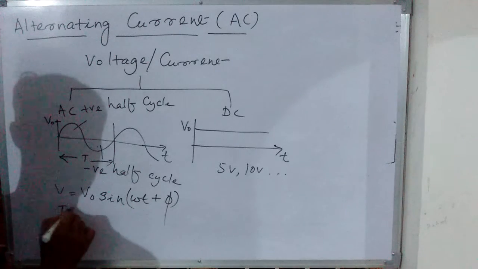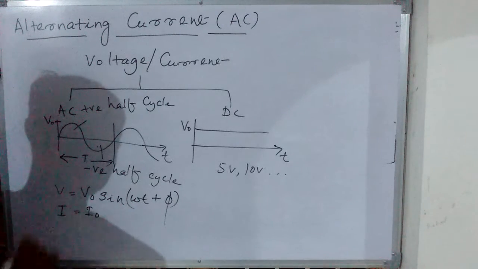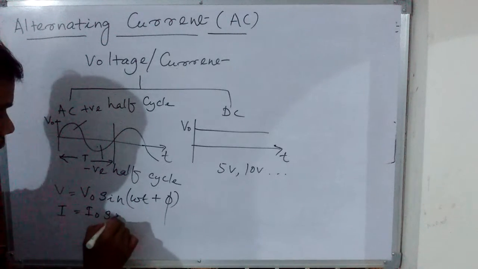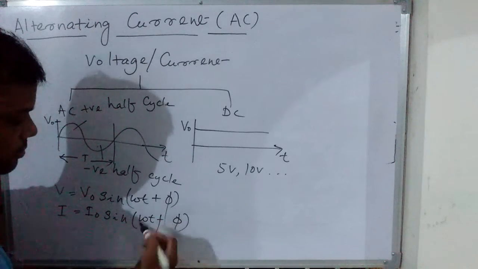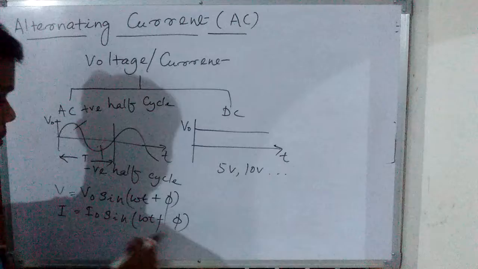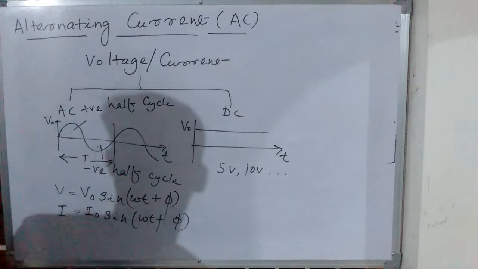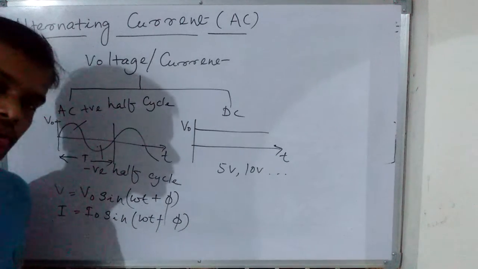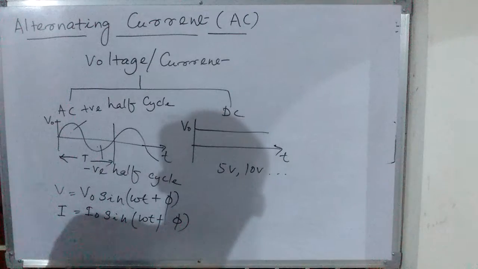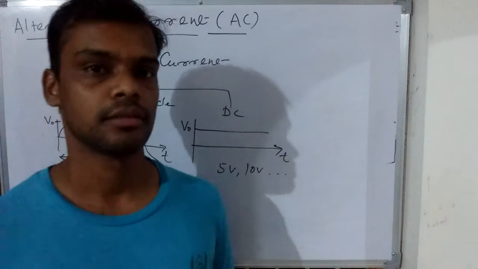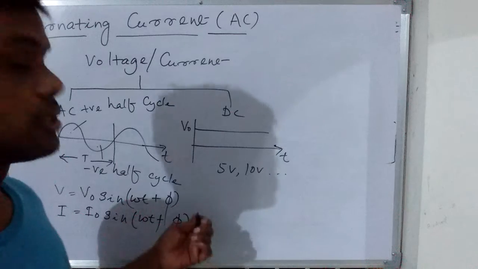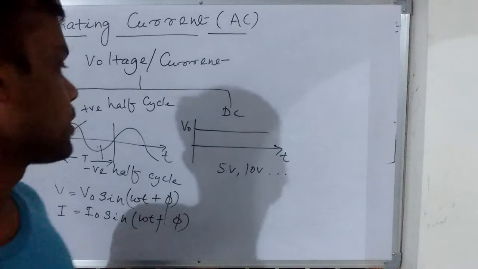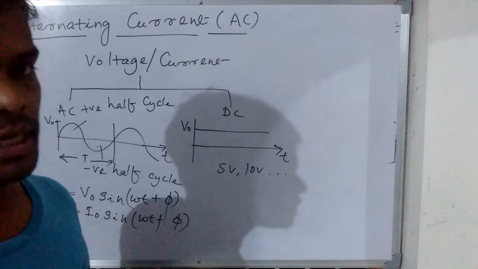Similarly, AC current can also be written as I is equal to I naught sin(omega t plus phi). So these are AC voltages and currents. In our home appliances, the voltage is AC, and of course you do know where DC is used. A normal battery is called a DC source.